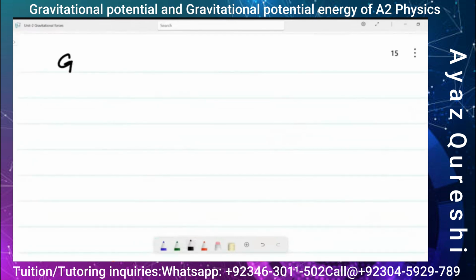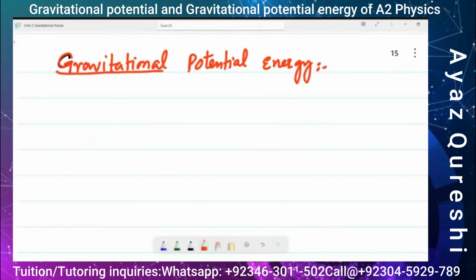Gravitational potential energy. So gravitational potential energy is basically a point where I can say that it is actually energy. When I talk about energy, it is only work done. It is not work done per unit mass. So the perception is it is only work done for any amount of mass.